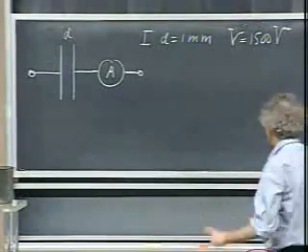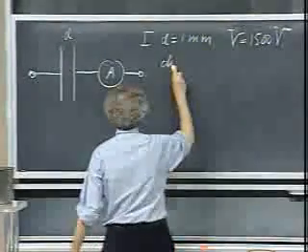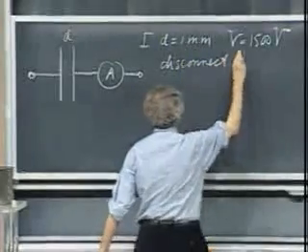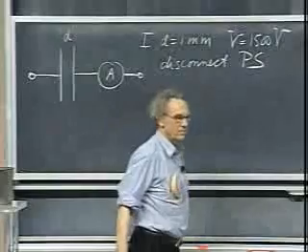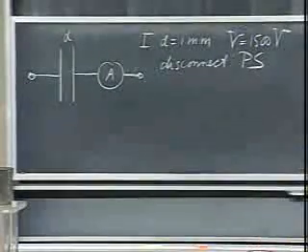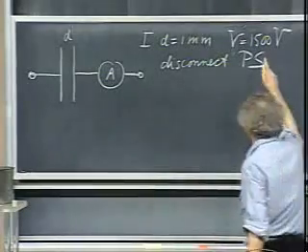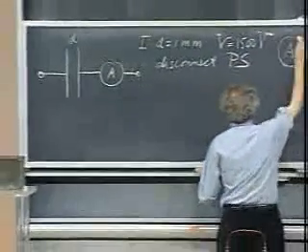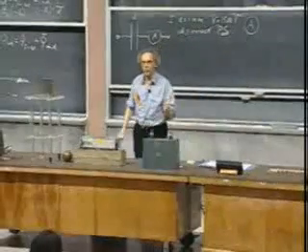Once I have charged them, I disconnect. This is very important. I disconnect the power supply, for which I write PS. That's it. So the charge is now trapped. As I charge it, as you saw last time, you will see that the ammeter shows a short surge of current.